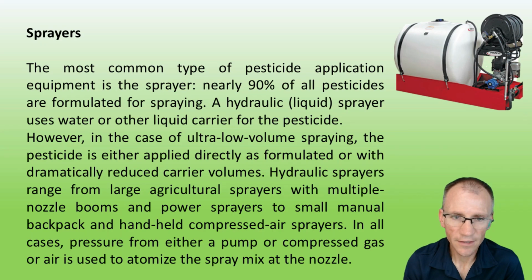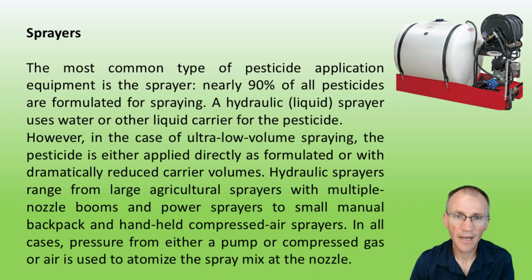In all cases, pressure from either a pump or compressed gas or air is used to atomize the spray mix at the nozzle. And as many of you already know, this is going to be the most common way to deliver pesticides. Probably at least 90% of you are going to work with these handheld types of sprayers. So just keep in mind, you definitely need to know and understand these sprayers. You need to know what their uses are.